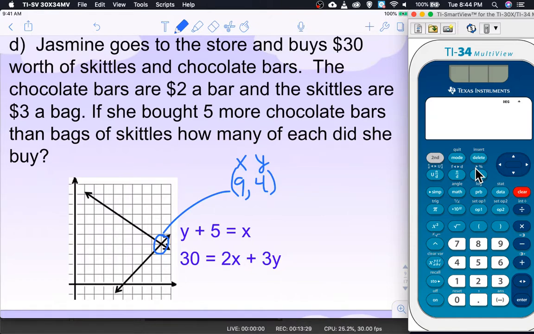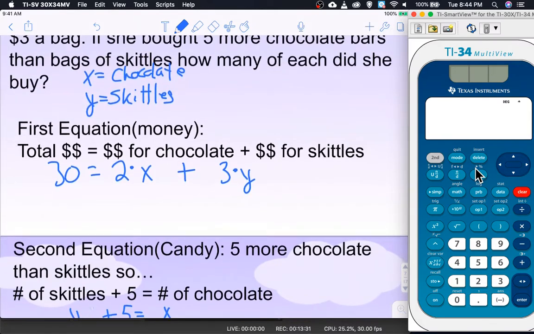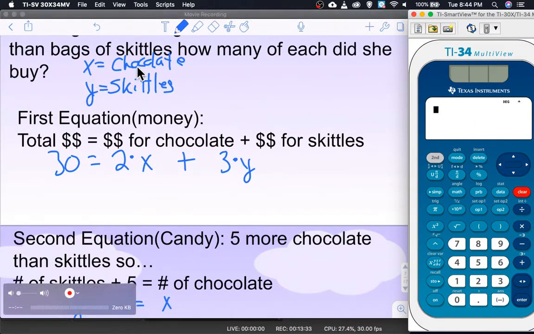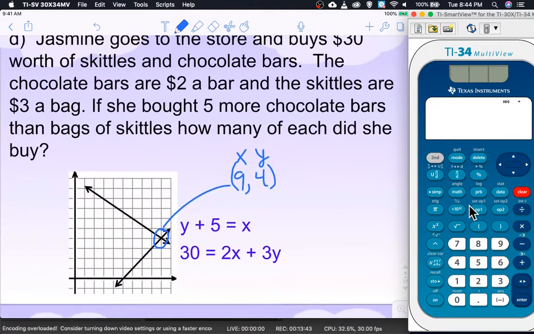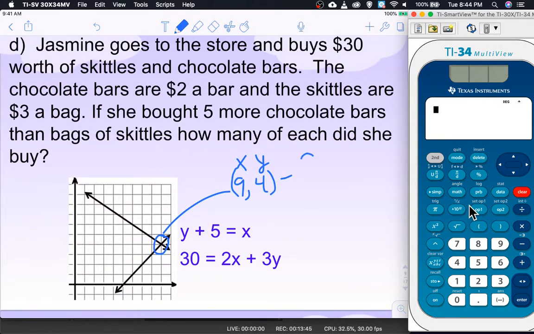We do know that. Right here, we labeled it. X was our chocolate, $2 per chocolate. The number of chocolates was X. X was our chocolates everywhere in the problem. So now we can come through and say, oh yeah, she bought 9 chocolates and 4 Skittles.